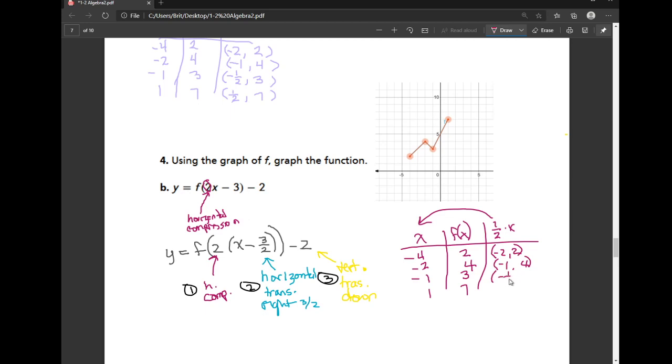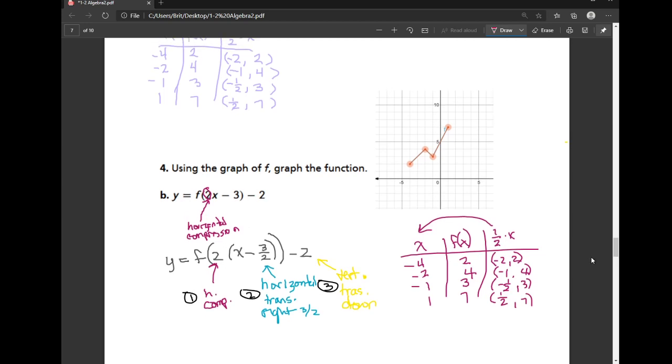That's why I'm able to go so fast with picking out the points. Alright, so let's go ahead and mark those. -2, 2, -1, 4. So boom, there's the compression.